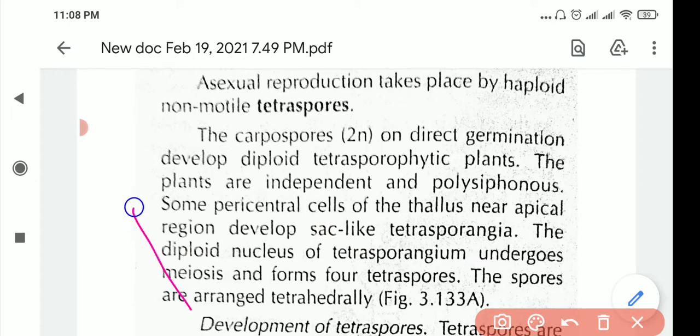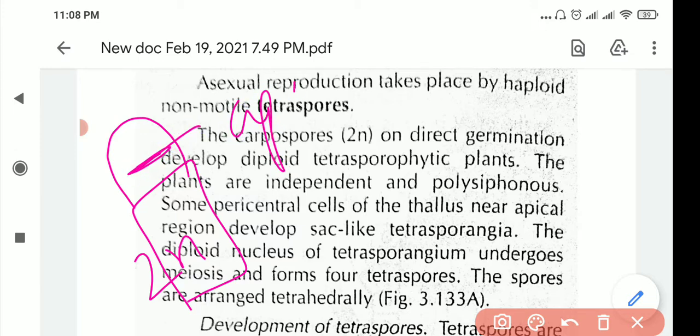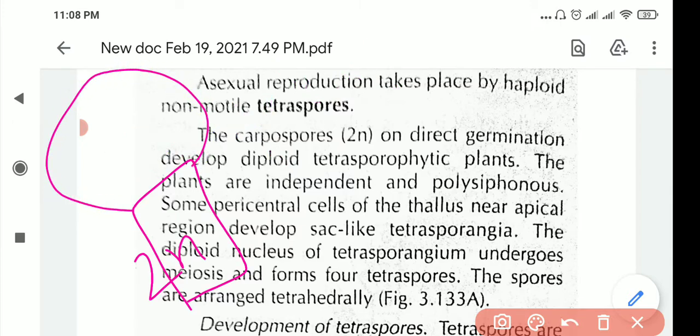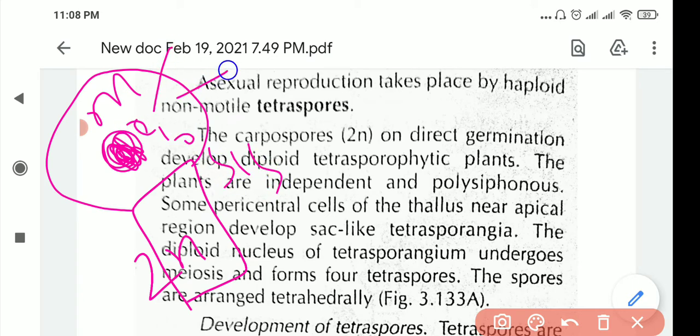So let's say this is the diploid plant. This is 2N. There are some cells here at the tip, at the apical part. They will form some sort of a sac, and in this sac, this nucleus will undergo meiosis to produce haploid tetraspores.